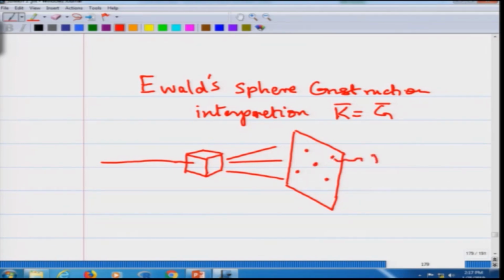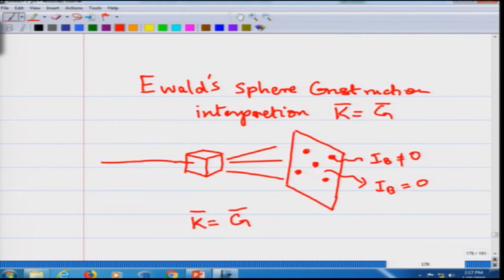These are the points where the scattered intensity is not equal to 0, and in between the scattered intensity is equal to 0. So, only at these points which are these bright spots, the scattered intensity is not equal to 0, and it is at these points where the scattered wave becomes equal to the reciprocal lattice points.